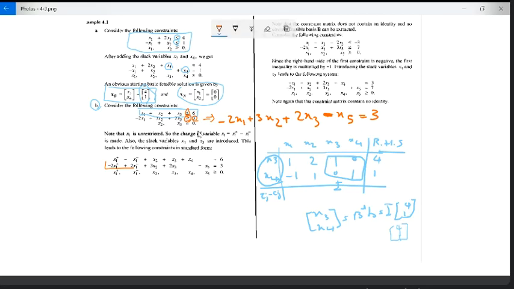This is bad. We have minus x5. And you know, in chapter 1, in this problem, x1 is unrestricted. x2 and x3 are greater than or equal to 0, but x1 is unrestricted.